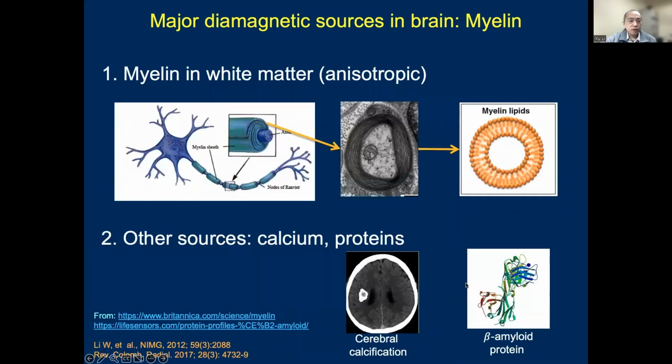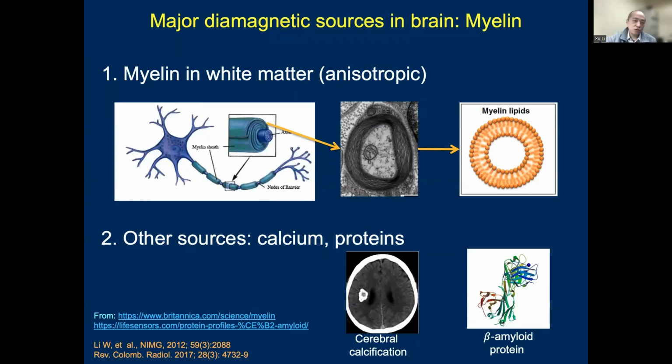There are also diamagnetic sources in the brain, and the major diamagnetic source is myelin, mainly in the white matter. One thing I want to point out is that due to the highly organized microstructure in the white matter, the magnetic susceptibility of myelin actually shows some bulk anisotropy, as we will talk about more later.